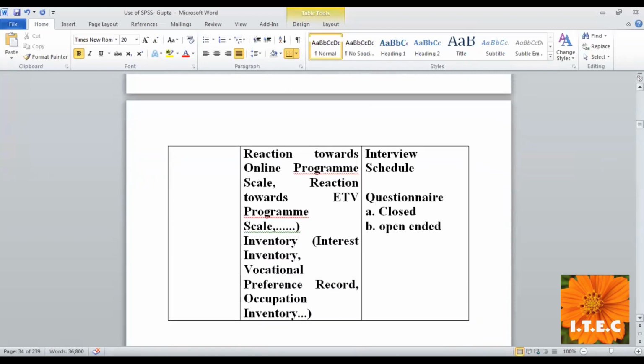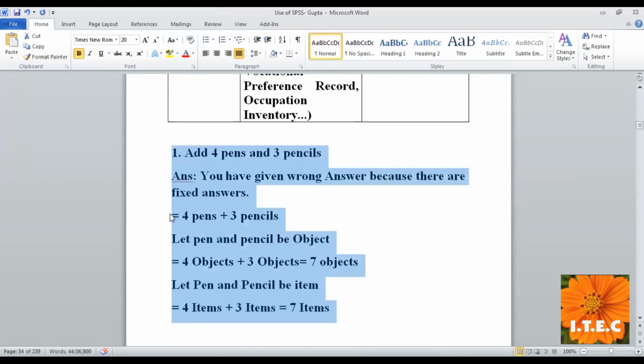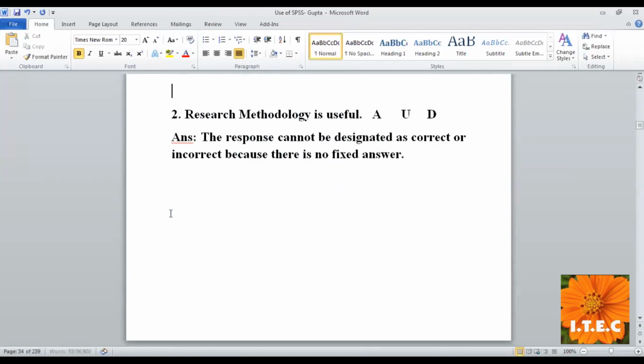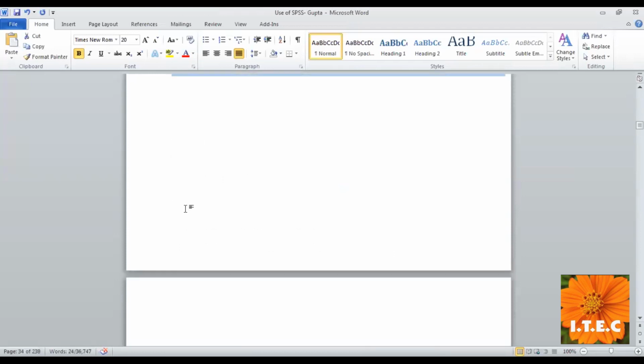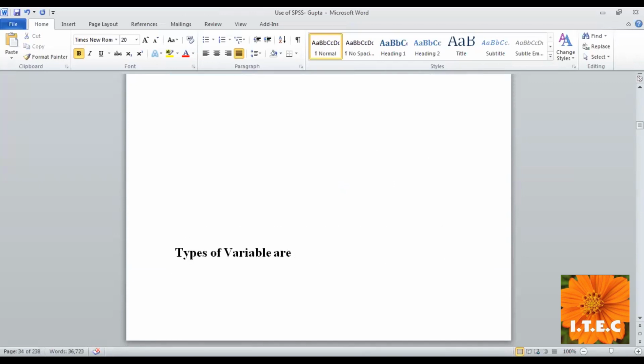And if anyone is from education, then I tell you that there are many observation schedules available. I don't know whether you know or not. One is the Flanders interaction category system. It is called FICS.